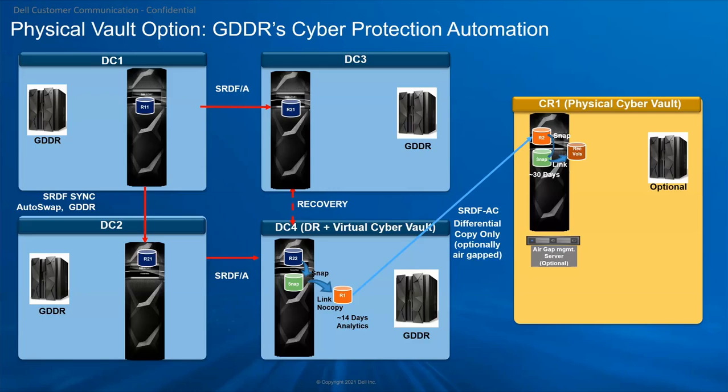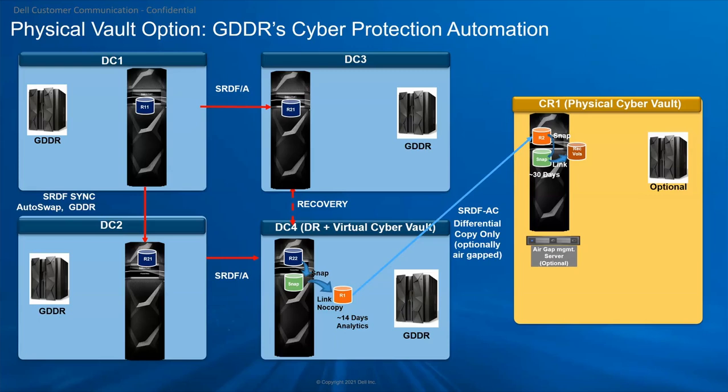Region 1 on the left, DC1, DC2, region 2 on the right, DC3, DC4. And this solution is available for robust DR protection, providing a DR capability that also provides synchronous replication when you move to the other region. So this is probably our most sophisticated solution.